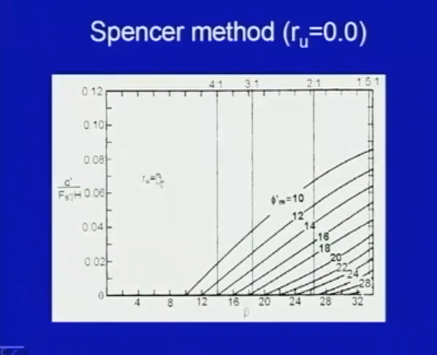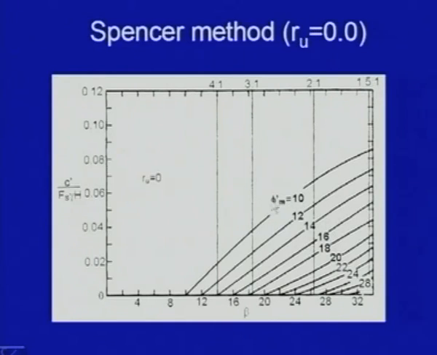This is the first chart for Ru is equal to 0. On y axis you have C dash upon Fs gamma h. On x axis you have beta, in degrees, and also in terms of the gradients, 4 horizontal to 1 vertical, 3 horizontal to 1 vertical and so on. And these are the phi m dash values.